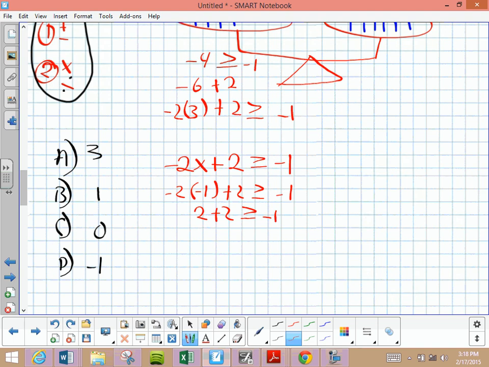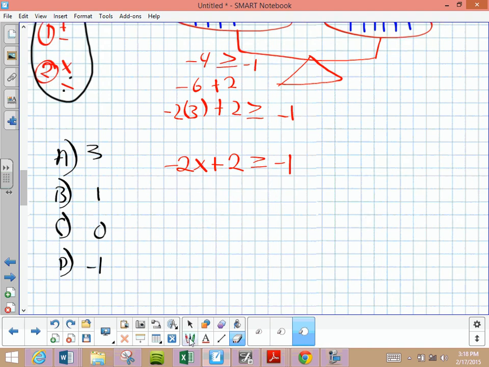What can you do that makes you go faster? Number line. Because instead of testing each one of them, you can just work it out. Number line, it's faster.